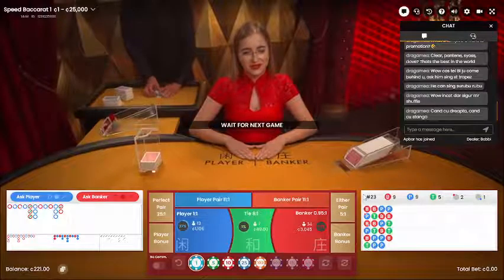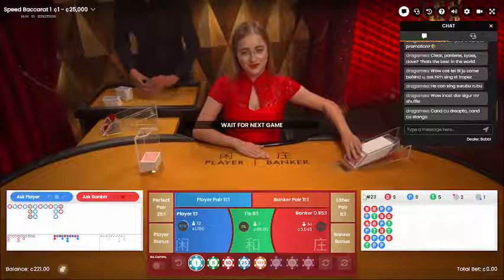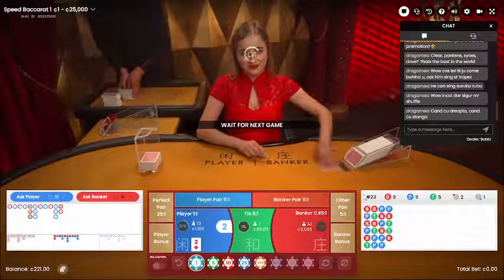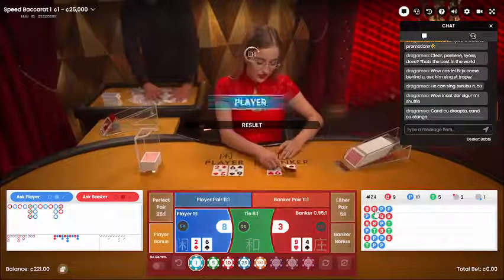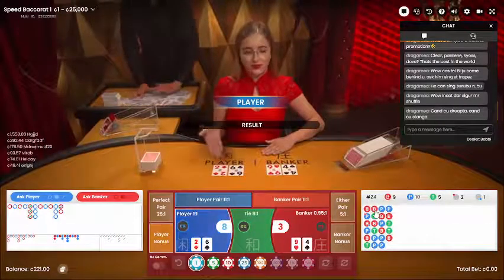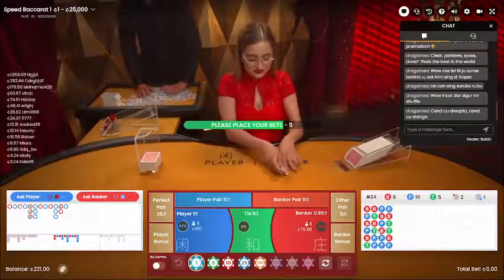Let me just go over my strategy once again. What I teach is that you start from the last but one column, you select those bets, and then you play them for the next particular column.